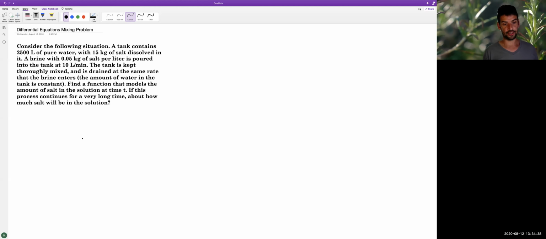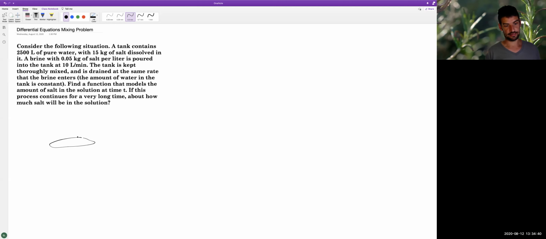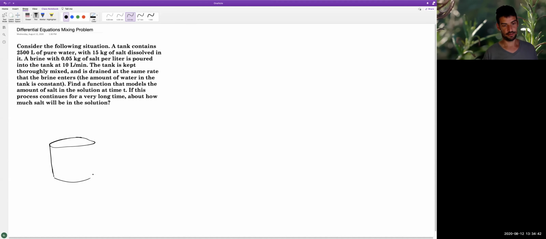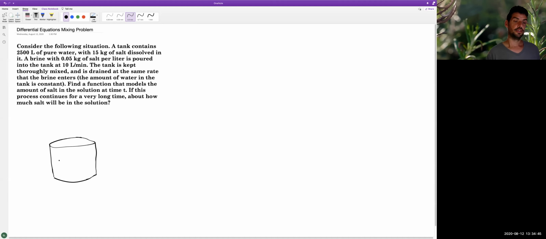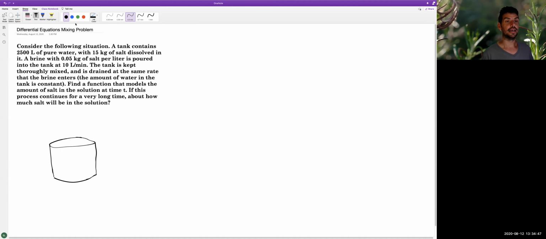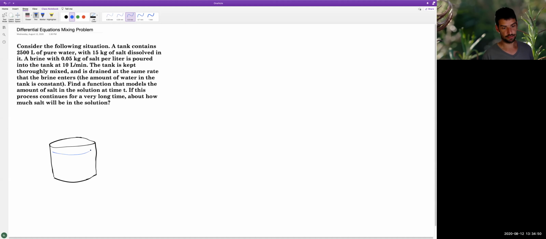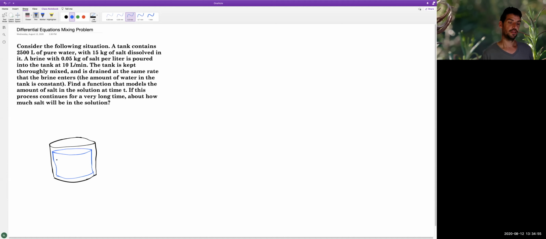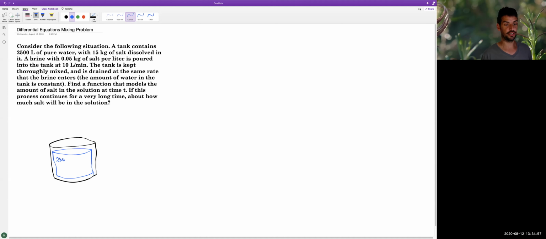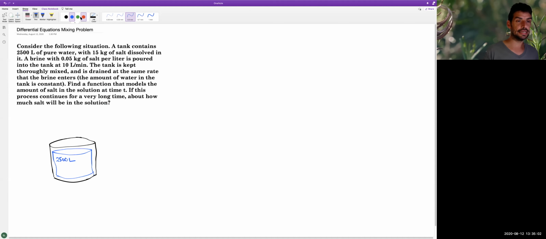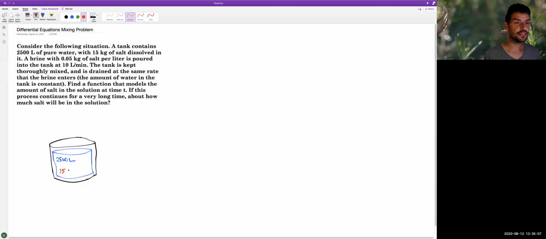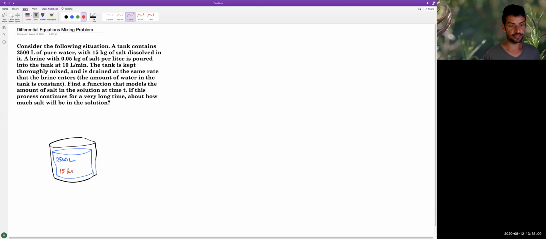We've got ourselves a tank, right? And this tank is holding water. So we'll have 2,500 liters. And in the beginning, we're going to have 15 kilograms of salt.